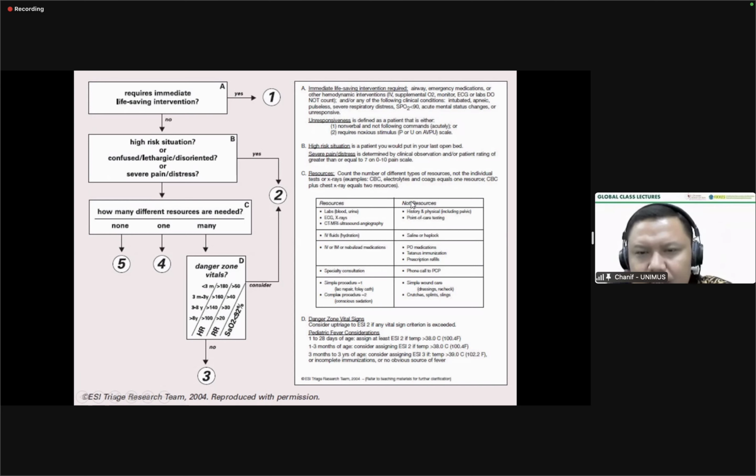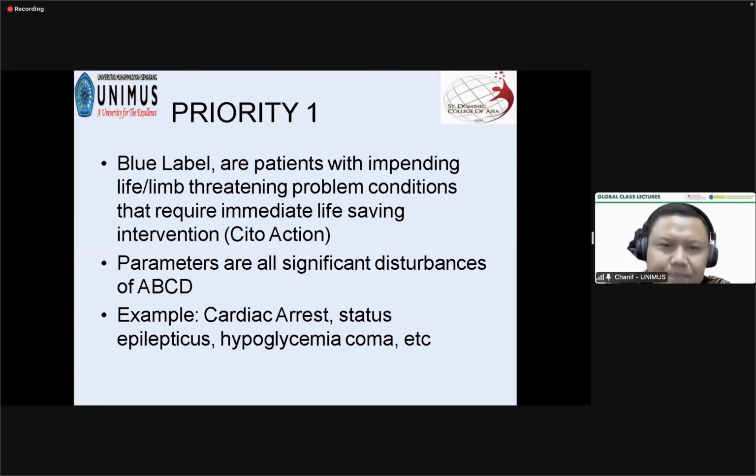But if the patient needs history and physical assessment, it is not a resource. Another one, like IV fluids, is a resource. We can calculate how many resources the patient needs. So you can give this as the third consideration if using the Emergency Severity Index.